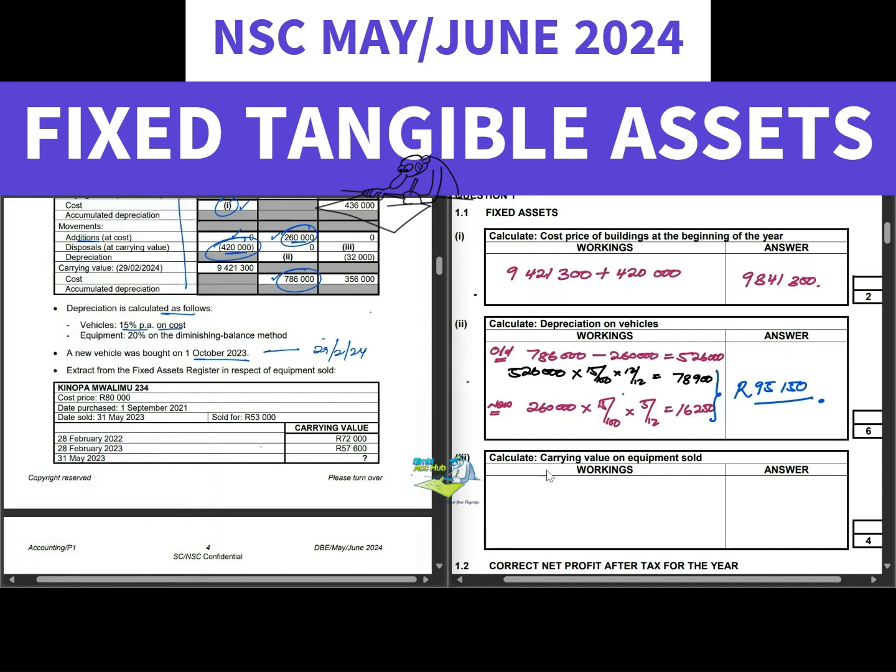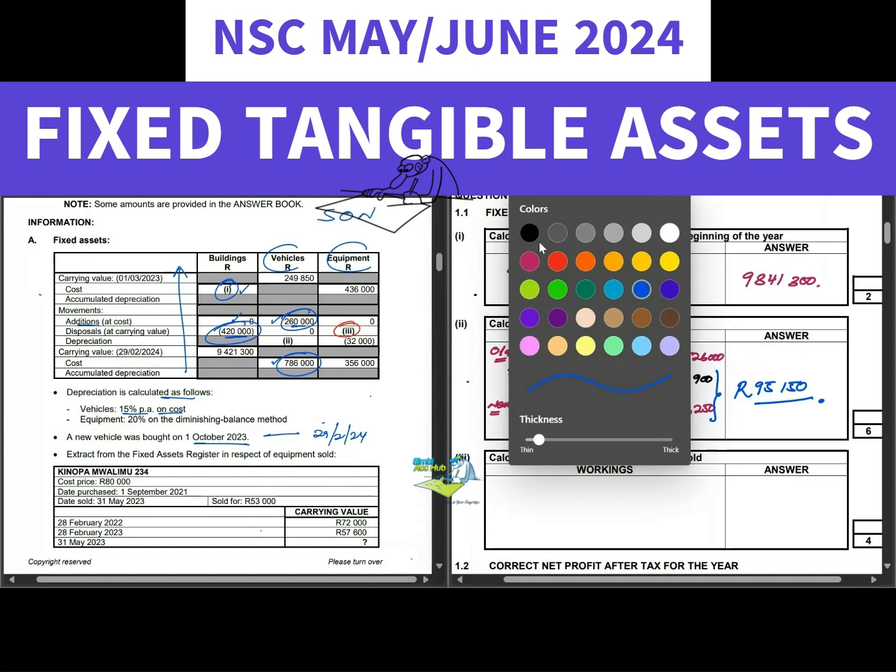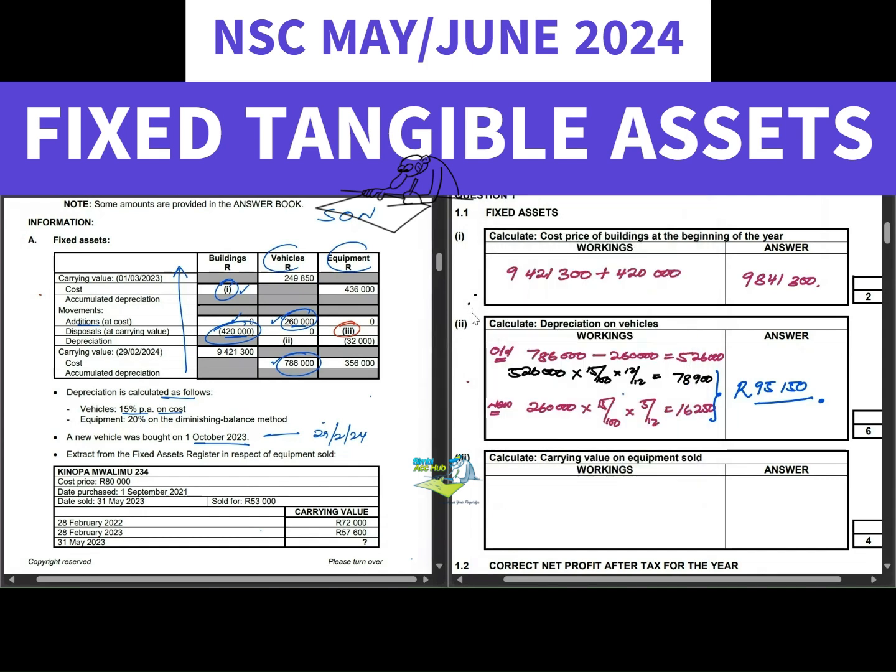Let's go on to the next one now, which is calculate the carrying value on the equipment sold. So here is my equipment, and here I see this disposal at carrying value. And the disposal at carrying value, that is number 3 over there now. Okay, so we want to calculate that disposal at carrying value.